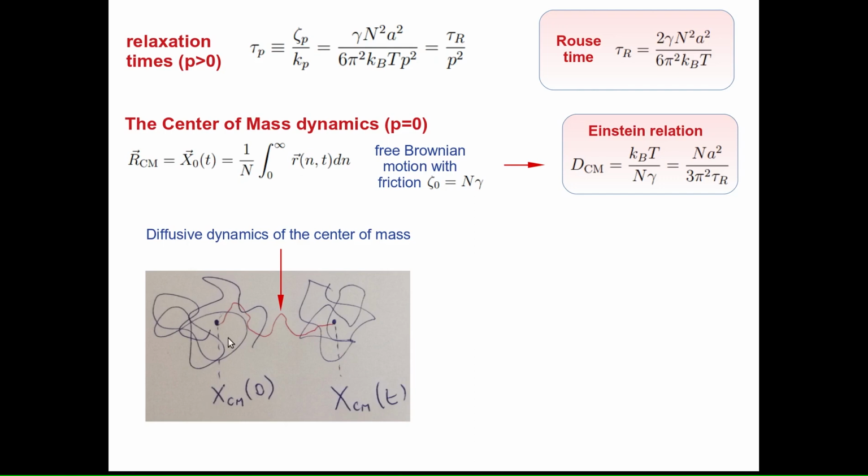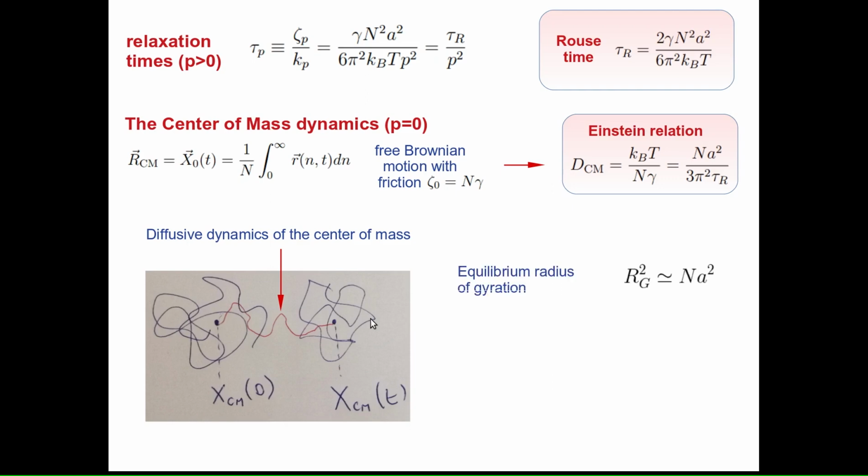And the polymer moves, so it changes conformation, and the center of mass, we have found, follows a free diffusion, right? The polymer is changing conformation, and at a later time the center of mass will be found somewhere. So this red line would be some kind of hypothetical trajectory of the center of mass that follows some free diffusion.